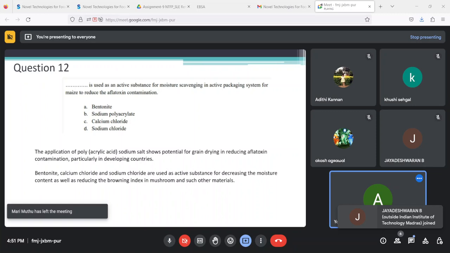Whereas the other three, the bentonite, calcium chloride and sodium chloride, are used as active substances for decreasing the moisture content as well as reducing the browning index in mushrooms and other materials, not for grains. So all of these are also used for moisture scavenging but have a different application. The answer is option B here.